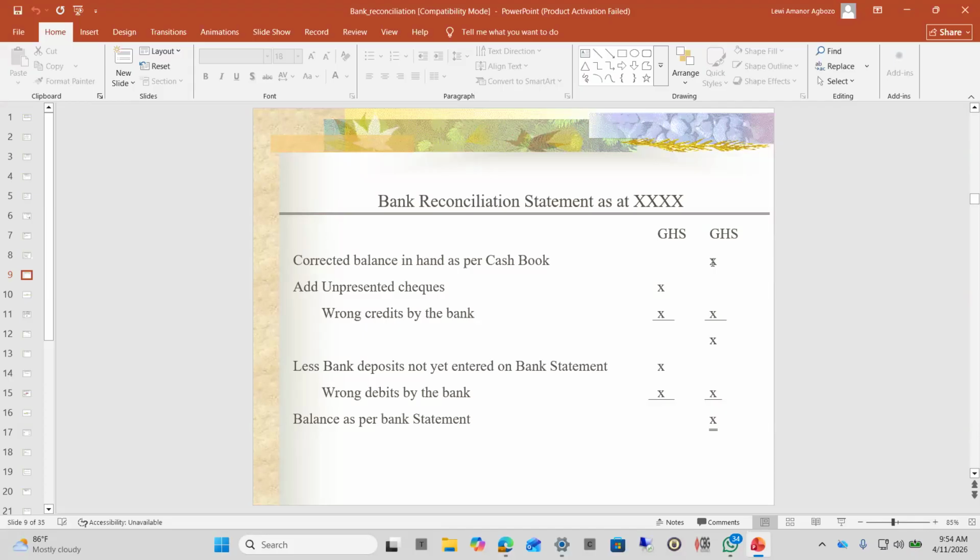They are checks you send to the bank that the bank should put into your account, but the bank did not do that, so it's not in your account. And you have already debited it in your cash book. You want the cash book to balance with the bank, so you subtract it from your cash book and it will match with the bank. Is that okay?